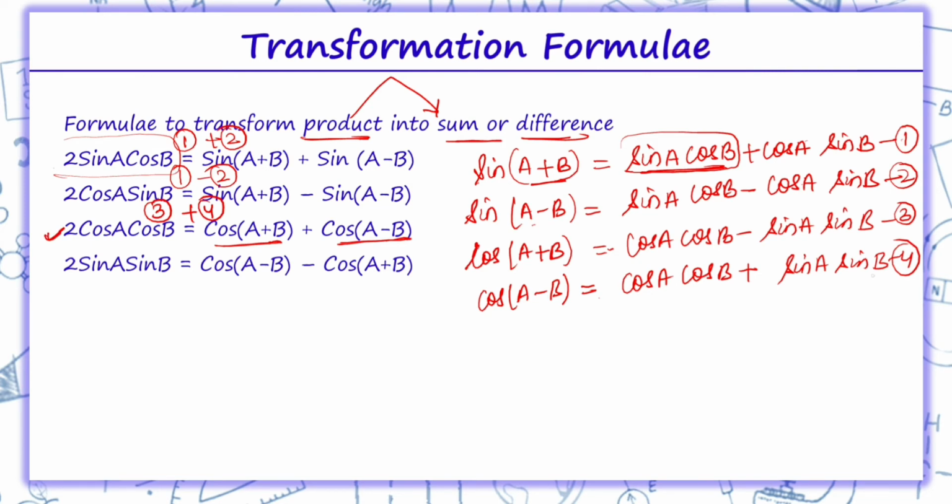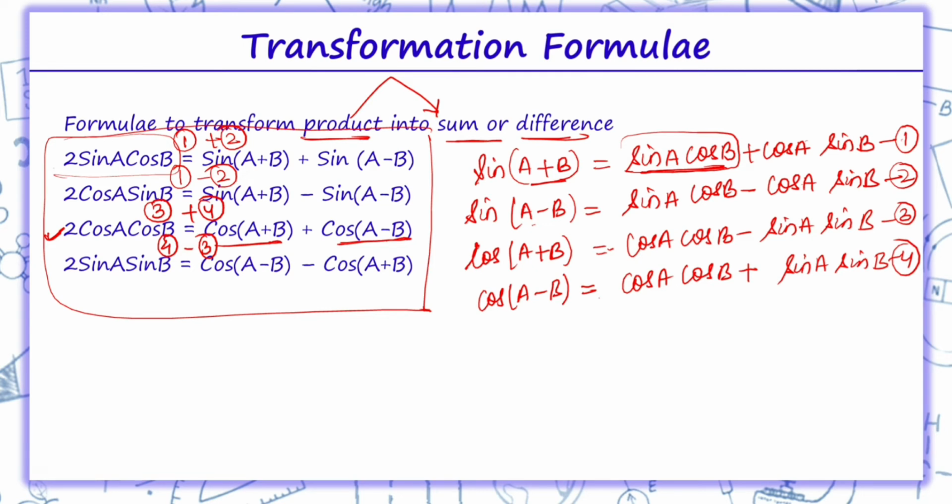And when we subtract the third equation from the fourth, that is 4 minus 3, we get cos(A minus B) minus cos(A plus B) as 2 sin A sin B. So this is how our formulas are derived, and thus we convert trigonometric functions which are in product into a sum or difference.